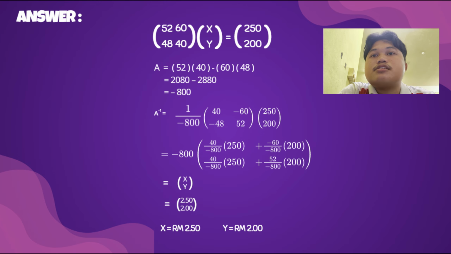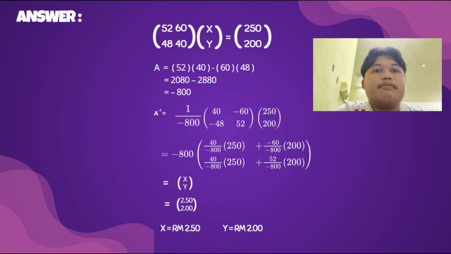First, let's look at the equation of the question. We have a 2 by 2 matrix multiplied by the variable matrix x and y, which gives us the result matrix 250 and 200. First, multiply the primary diagonal, 52 times 40, which is 2080.